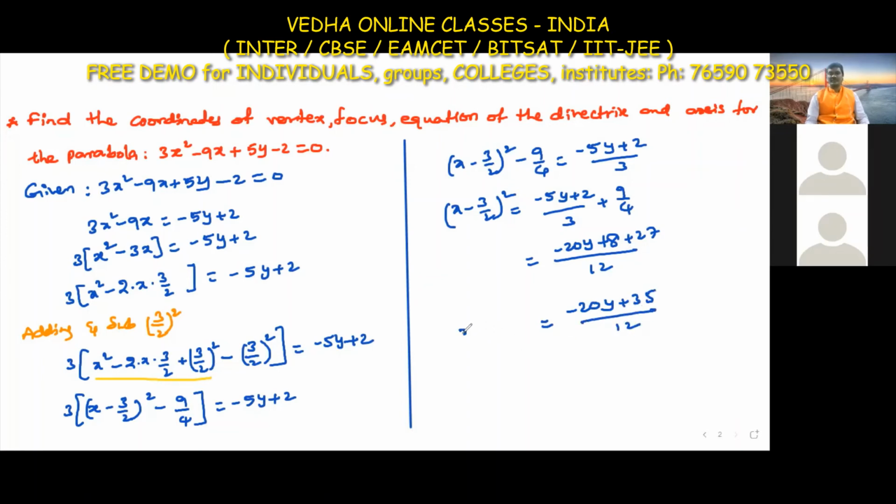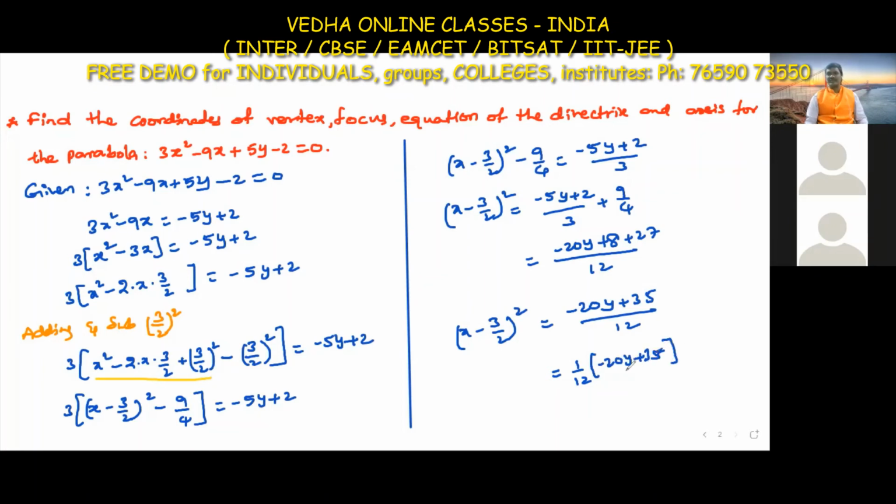So x minus 3 by 2 whole square, x minus h whole square, is equal to 1 by 12 into minus 20y plus 35.